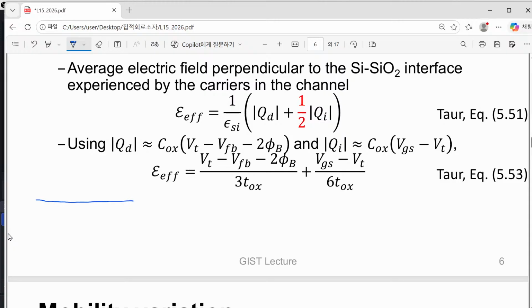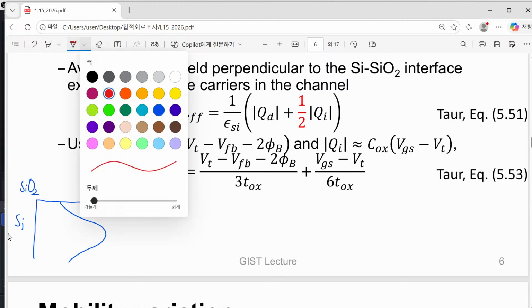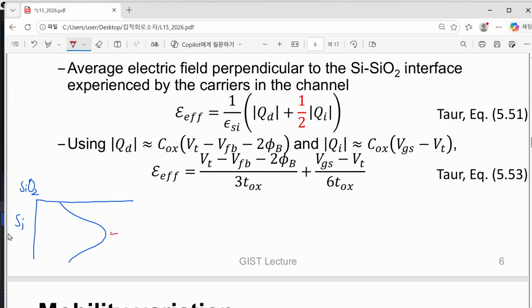this way. Let's say this is silicon dioxide and silicon, and if our electrons are located in this way, then maybe they do not feel much of the surface roughness. But suppose, instead of this electron distribution far away from silicon dioxide, we introduce this modified behavior of our electron density.